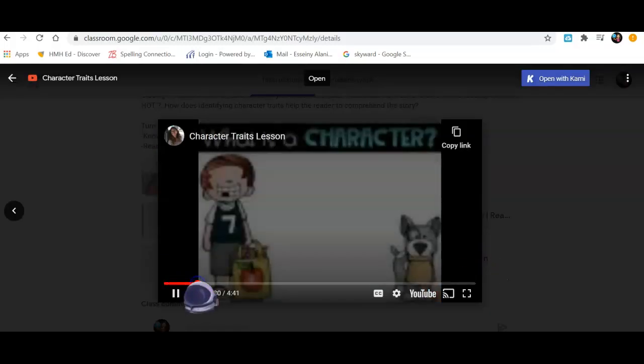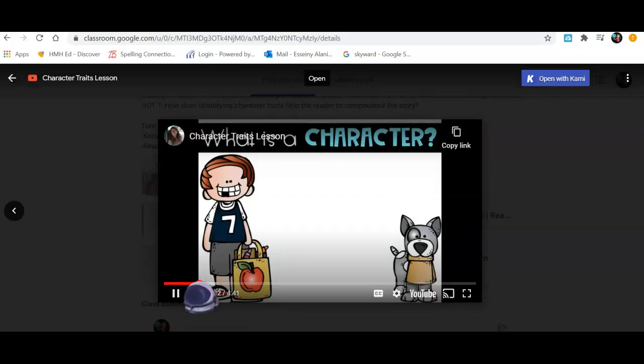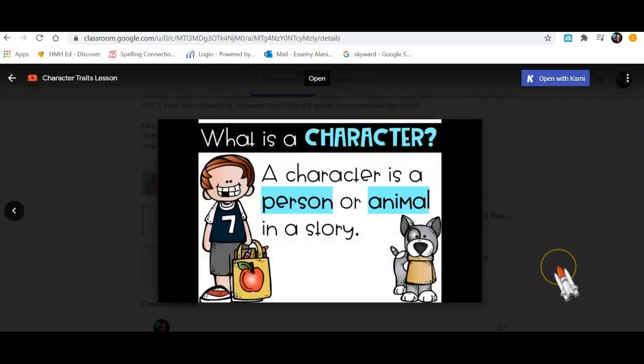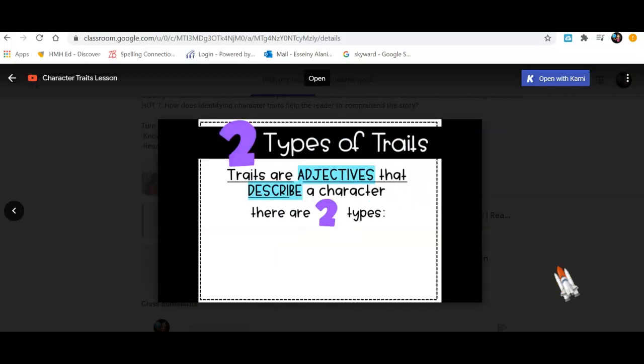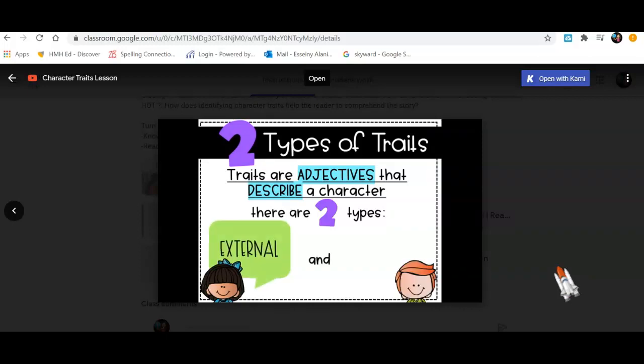Hi there, graders. What is a character? A character is a person or an animal in a story. And traits are adjectives that describe a character. There are 2 types of traits: external traits, which are outside features, and internal traits, which are inside features.